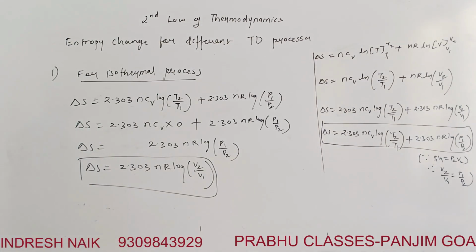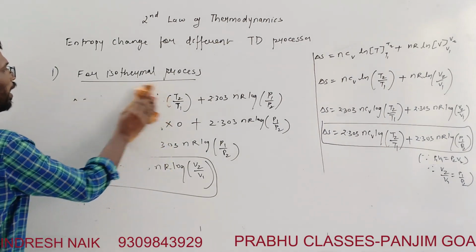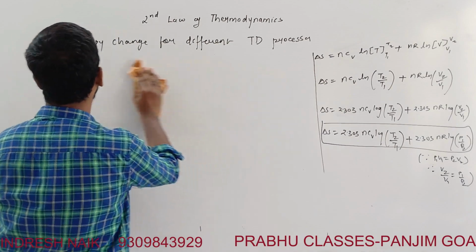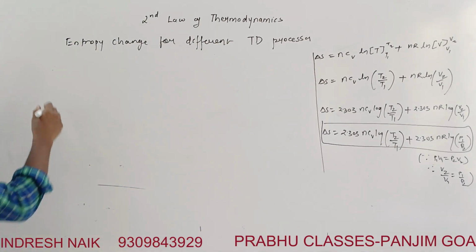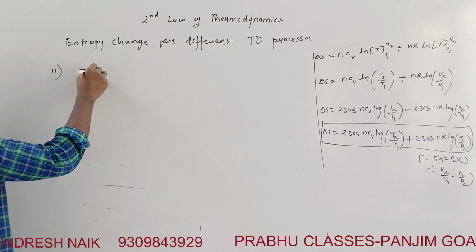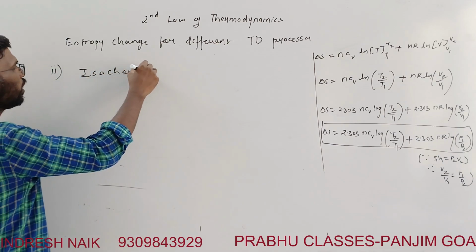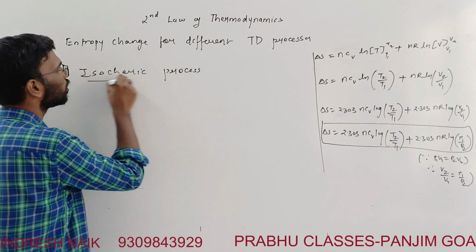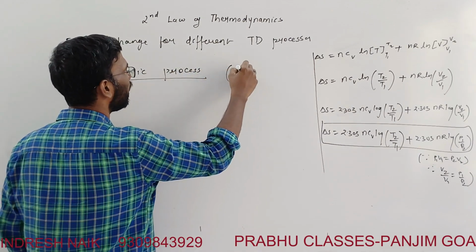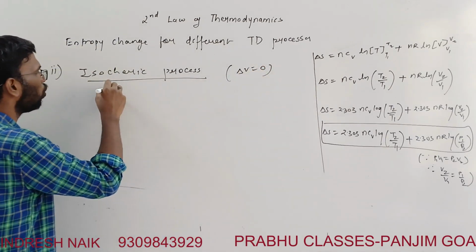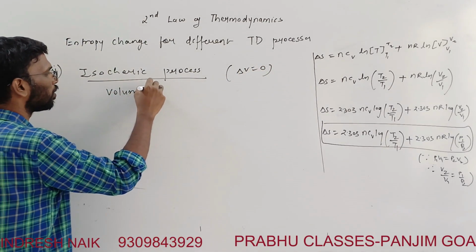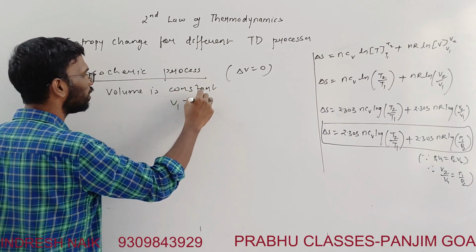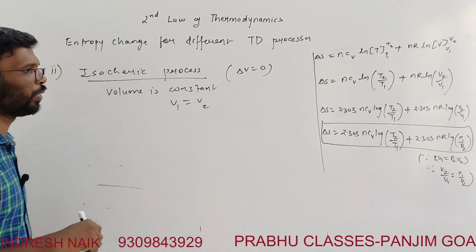Next, for the isochoric process. In an isochoric process, volume is constant. Delta V is equal to 0, which means V1 is equal to V2, right?